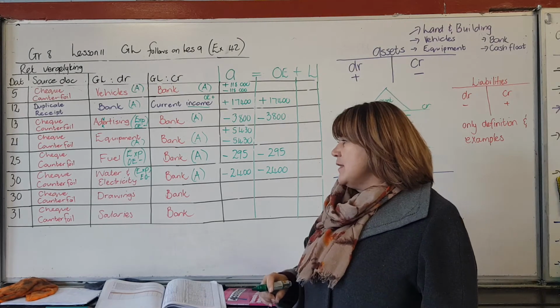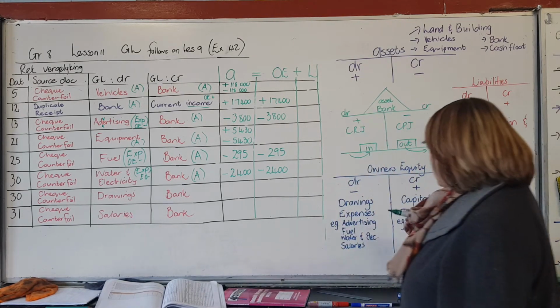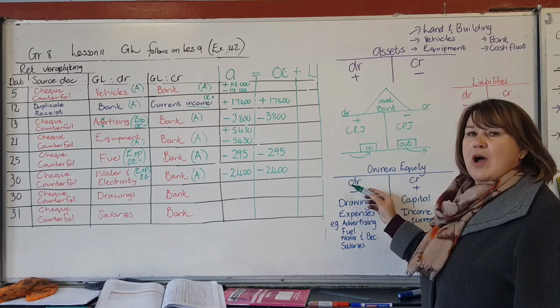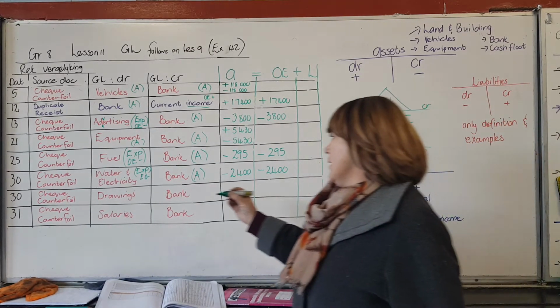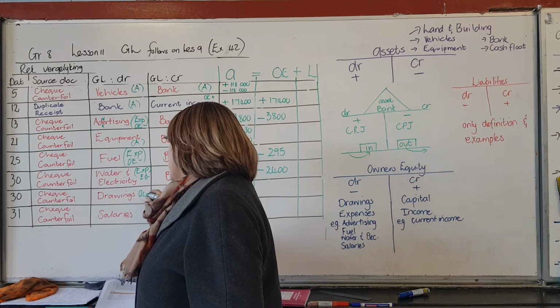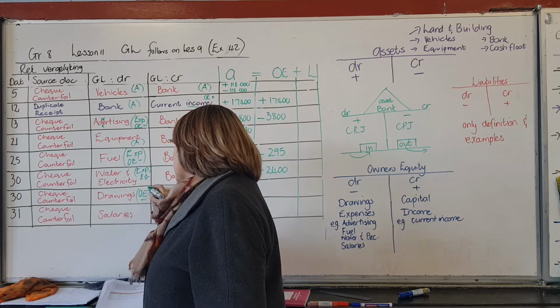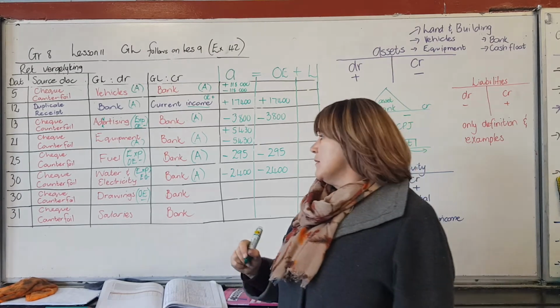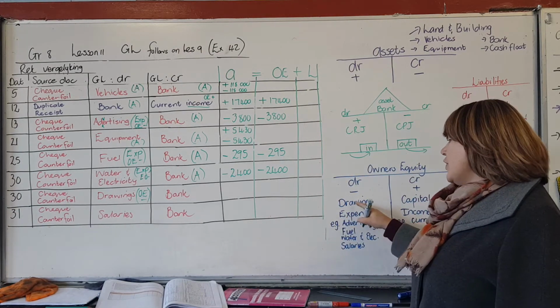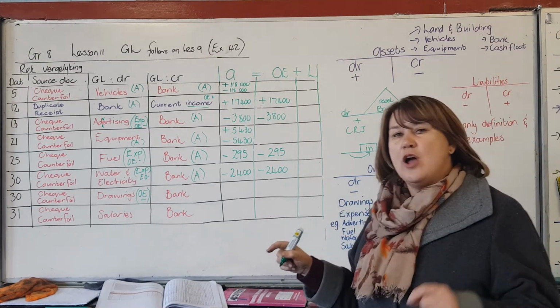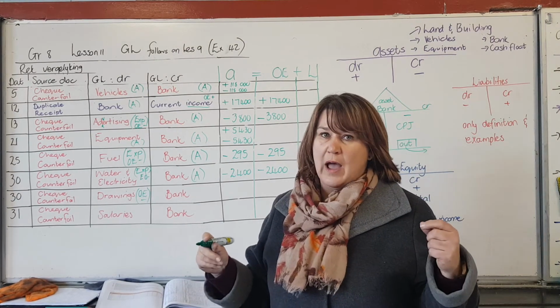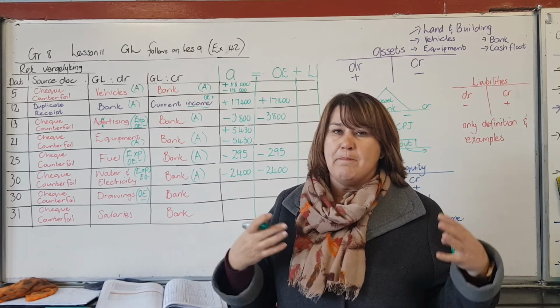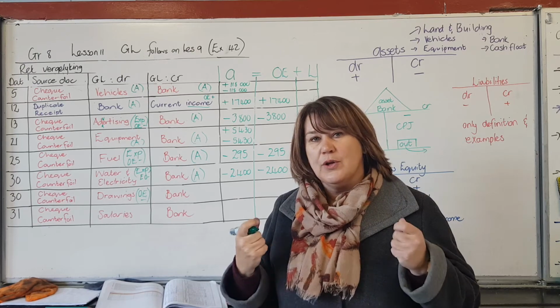Alright, then on the 30th, drawings. Drawings decreases your owner's equity. Alright, so it's not an expense, please. Drawings is not an expense. Alright, but drawings is always also owner's equity because only the owner is allowed to withdraw out of the business bank account for personal use.